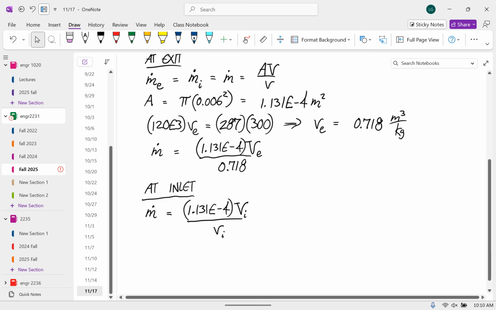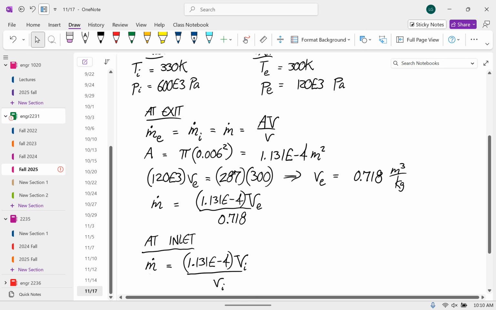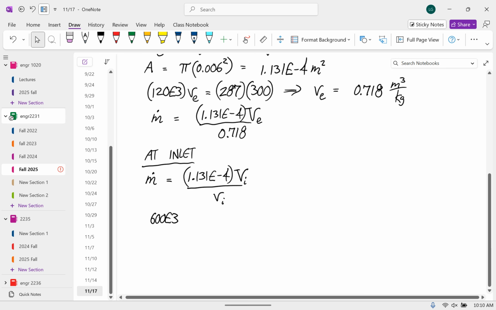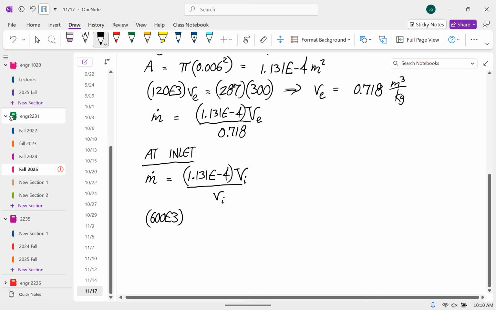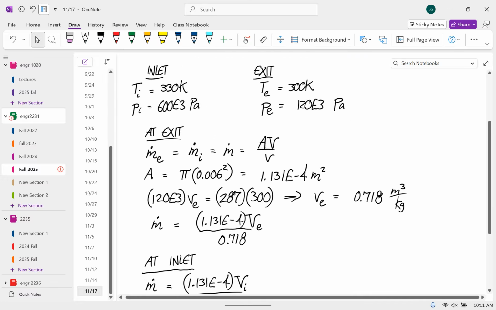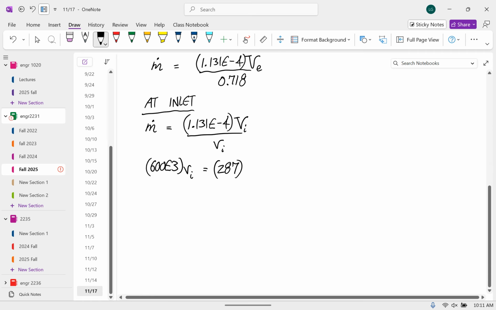For that, we have 600 times 10 to the third times V inlet is equal to 287 times 330.